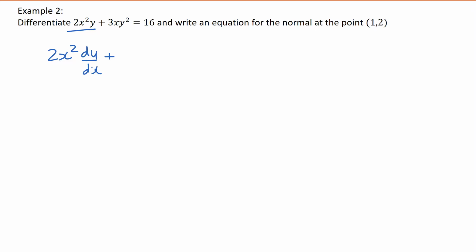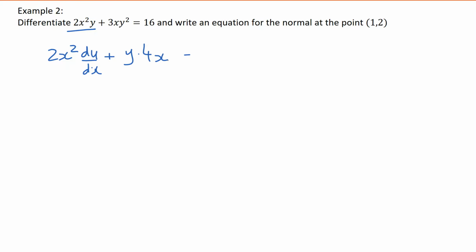Now, write down the second, differentiate the first. That's going to be times 4x. You happy with that? Can everyone see that?